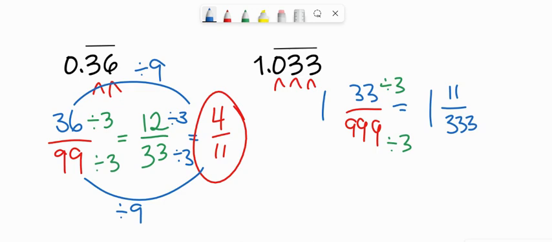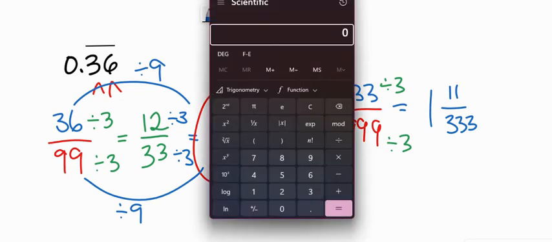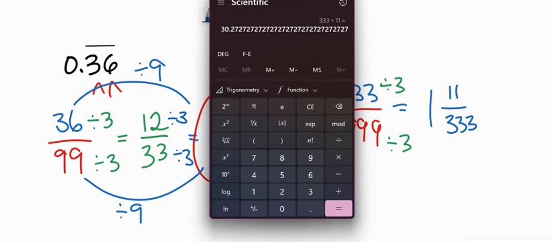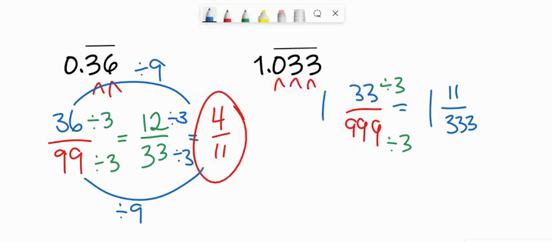And I don't believe 11 goes into 333. Let me just double check. 333 divided by 11. Nope, it doesn't. So that would be my final answer.